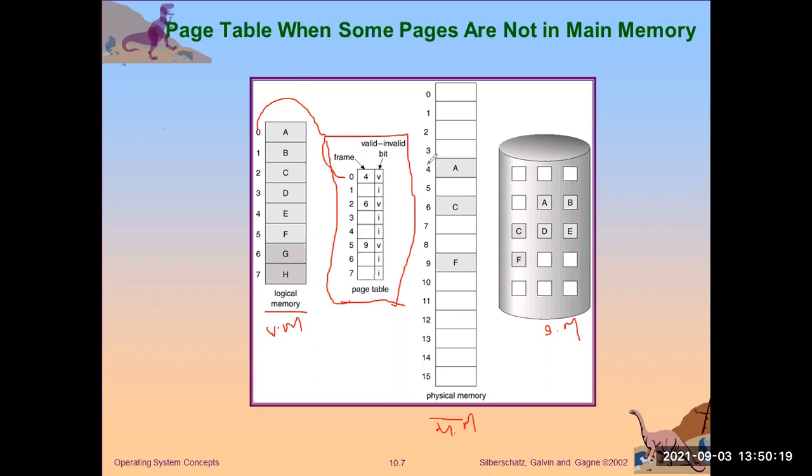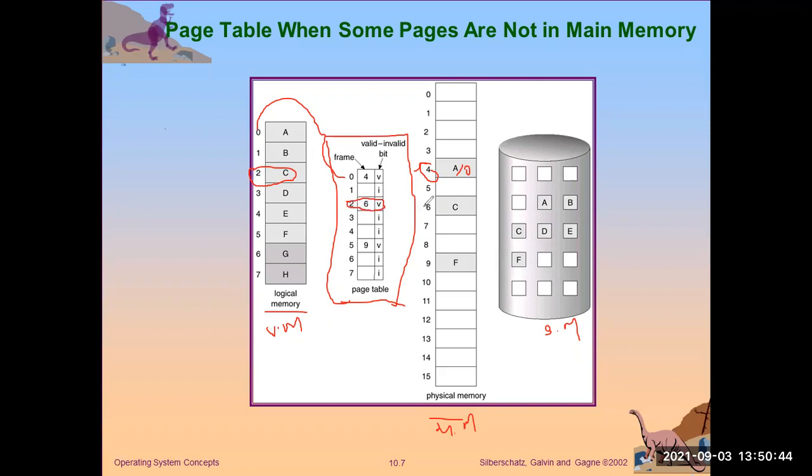You can see here frame number 4. What page is stored? Page number 0, which is nothing but your program A, is stored. Similarly, you can see page number 2, which is C, which is stored in frame number 6, which is again a valid one.